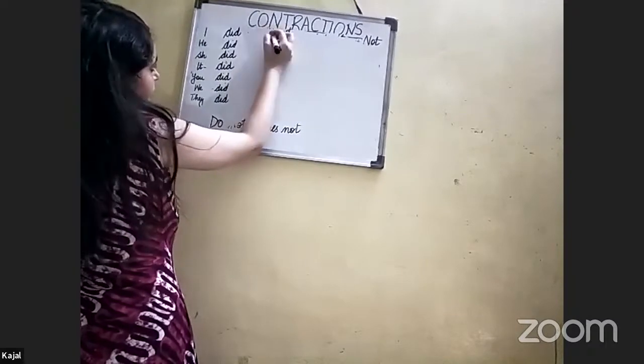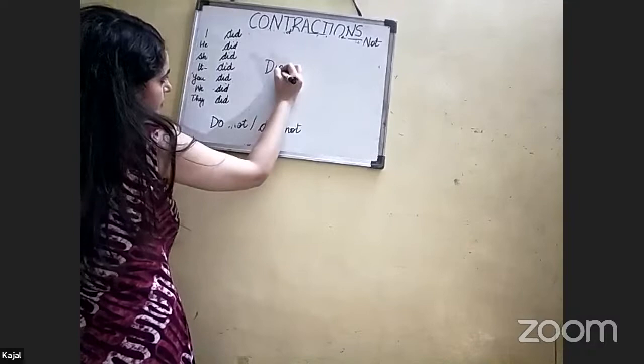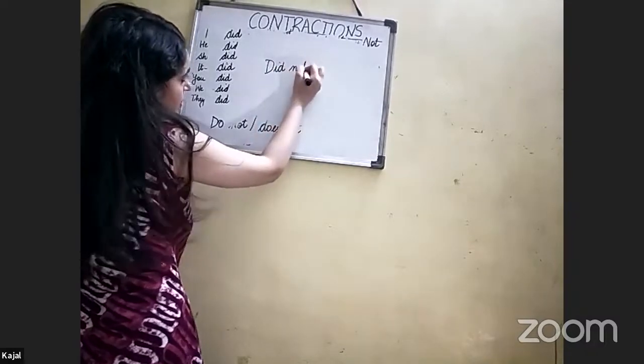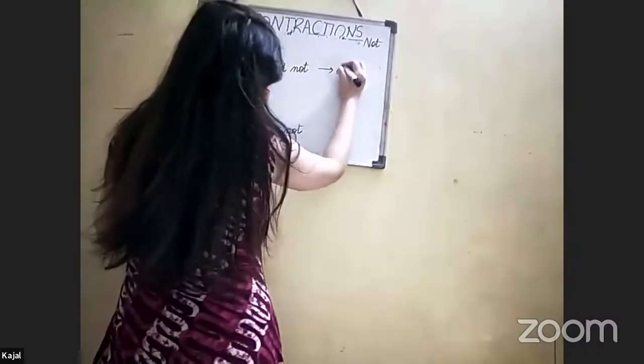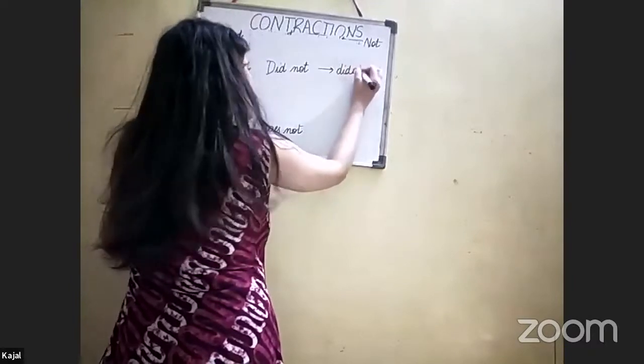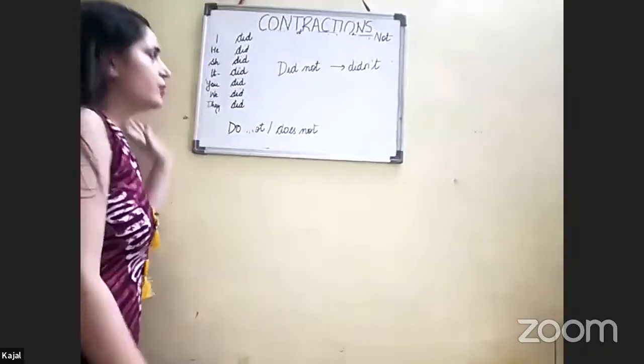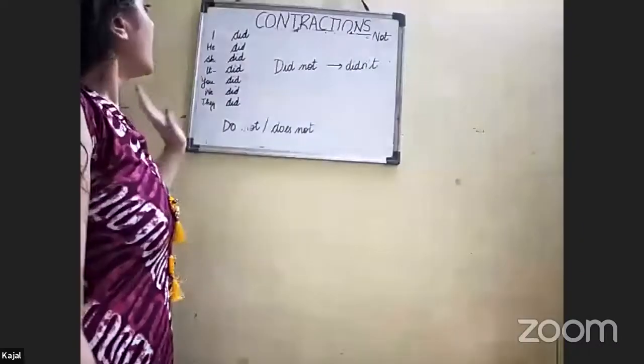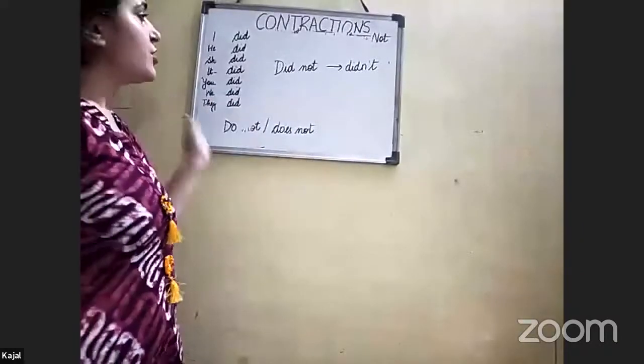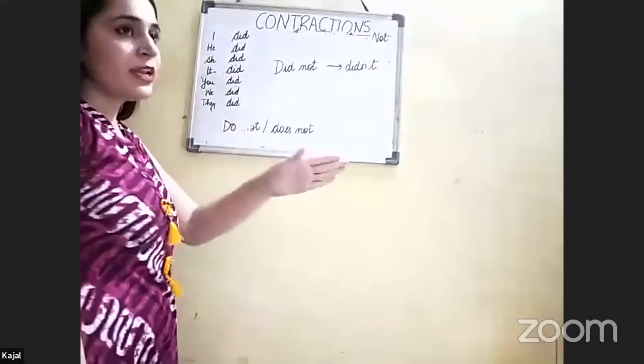Negatives of all of them is did not, you didn't. You didn't tell me, he didn't tell me, she didn't tell me, you didn't tell her, I didn't tell her.